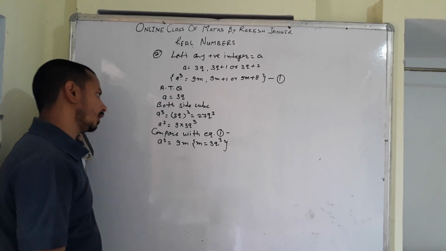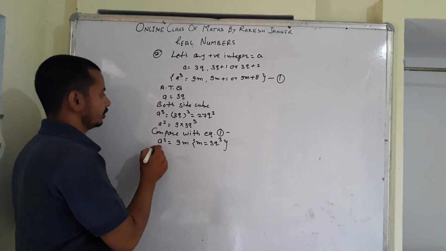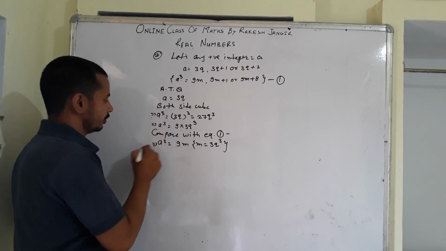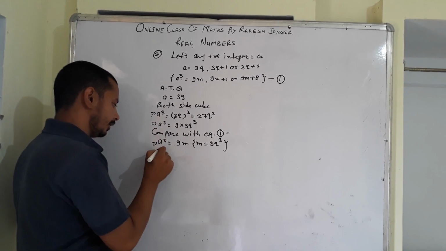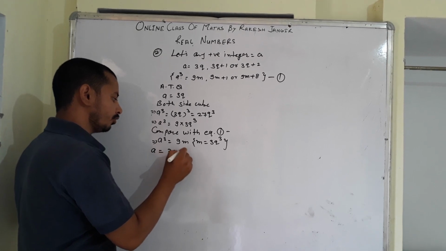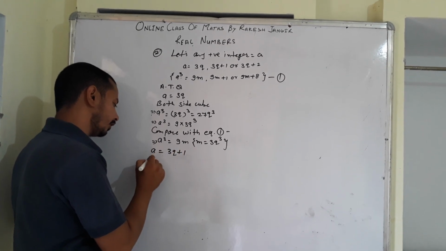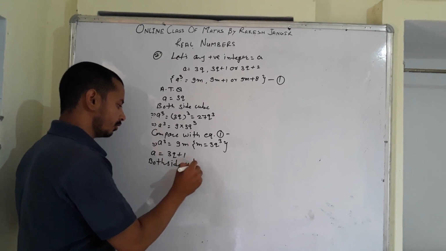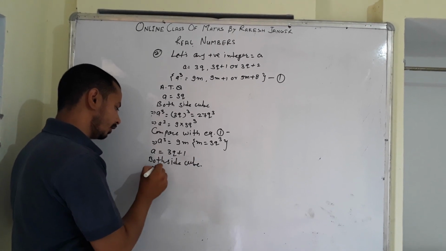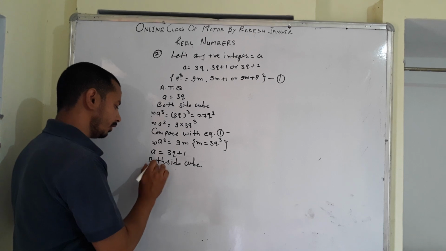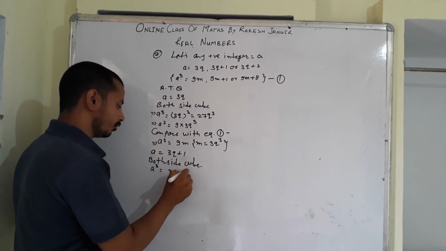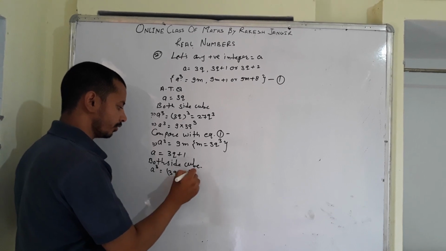Okay, and second we take a equal 3q plus 1. Cubing both sides, we find a cube equals 3q plus 1 whole cube.